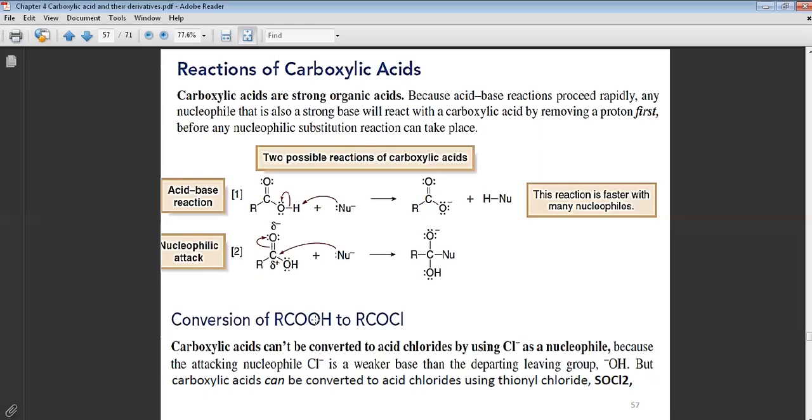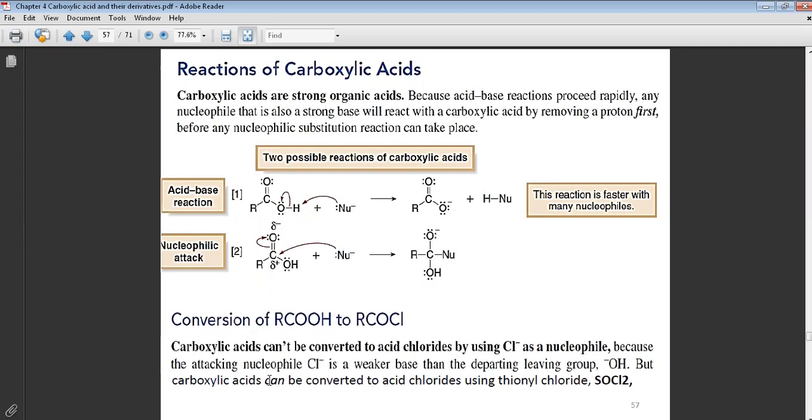If you compare OH minus with Cl minus, of course the OH minus is the stronger nucleophile. That means the Cl minus cannot remove the OH from the structure. This is the meaning.